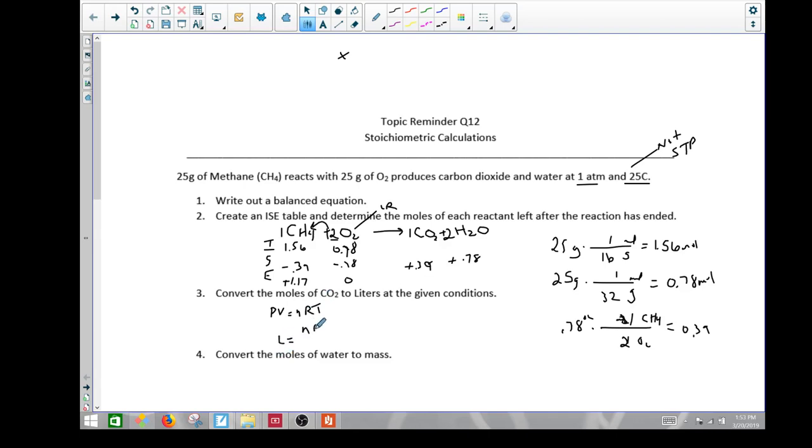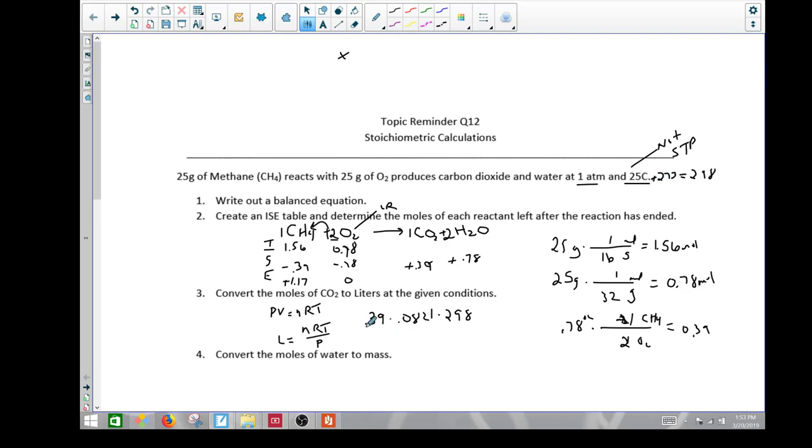V equals nRT over P. n, for the carbon dioxide, is 0.39. R is 0.0821. The temperature is 298. 273 is standard, so 25 plus 273 equals 298.